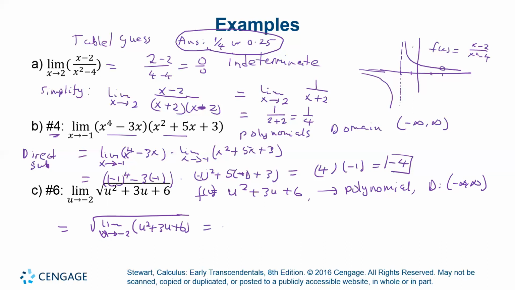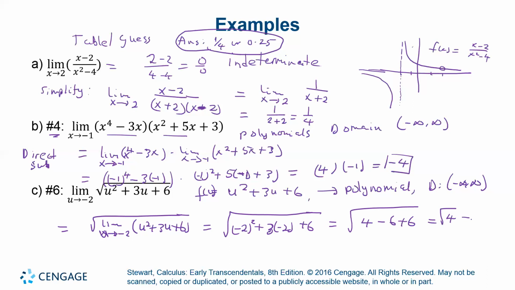So that gives us the square root of negative 2 squared plus 3 times negative 2, then plus 6. So this gives us the square root of 4 minus 6 plus 6, and that gives us the square root of 4. And that is 2. So with direct substitution, we can find the limit.